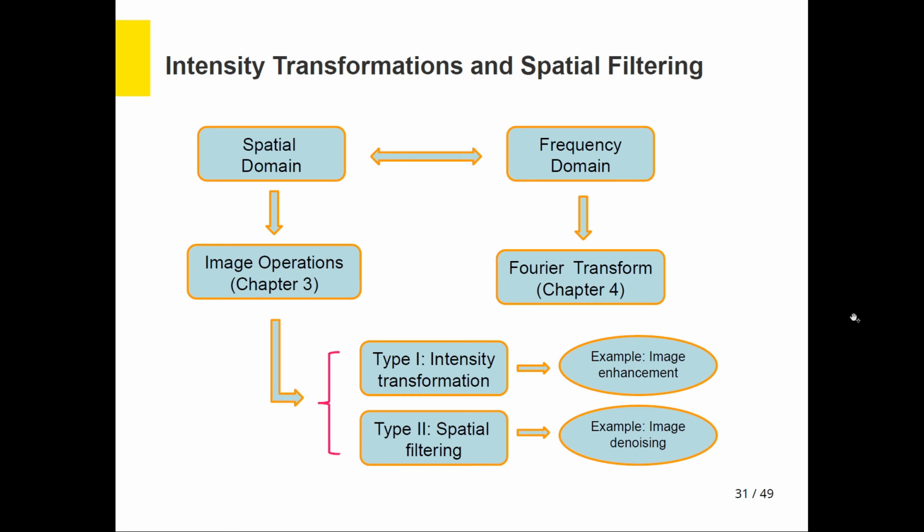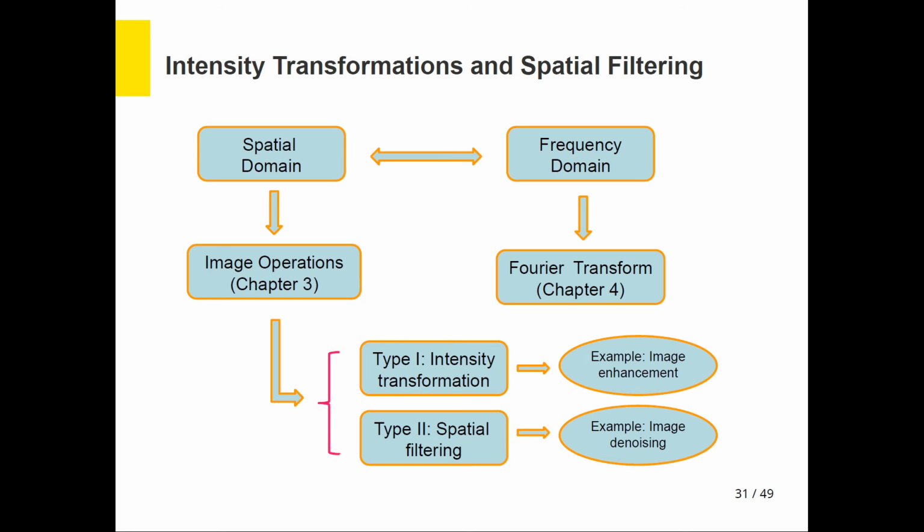So now that we saw this, let us take a step back and see what we will cover in chapters 3 and 4 of this course. We have different types of intensity transformation and spatial filtering, but these tasks can be done either in the spatial domain or in the frequency domain. The frequency domain will be covered in chapter 4, so I'm not going to spend time on it now. As for the spatial domain, this is the topic of chapter 3.